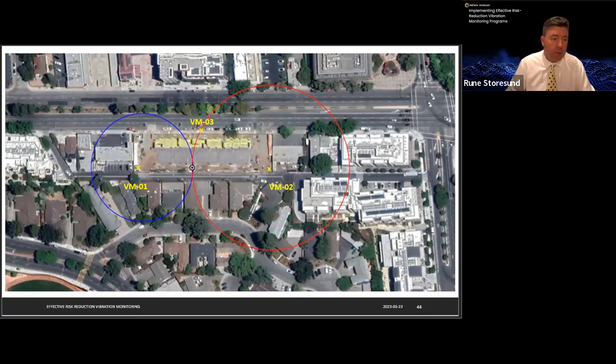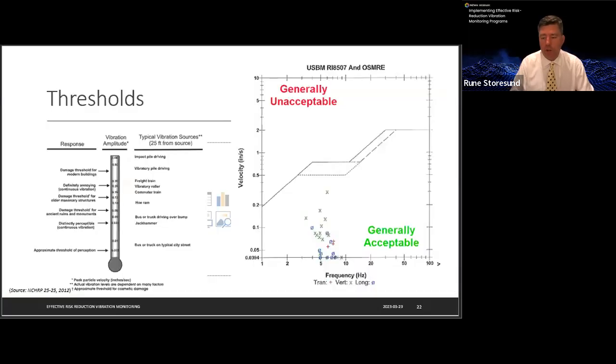And I did mention on the threshold slides that are out there, let me pull that one up, that they're a function of frequency. So you'll want to take a look at the frequency of the construction equipment that you'll be working with, the durations, and then as best you can, the potential response from surrounding structures.